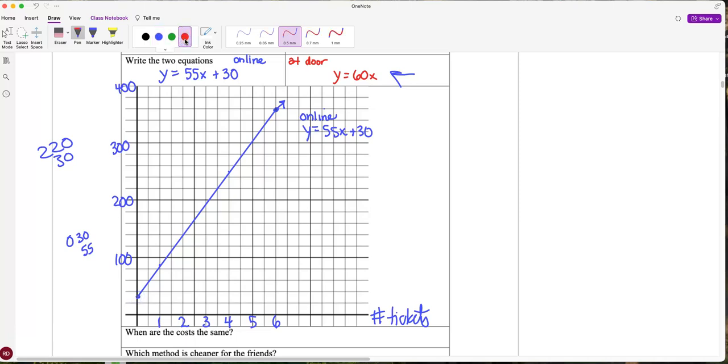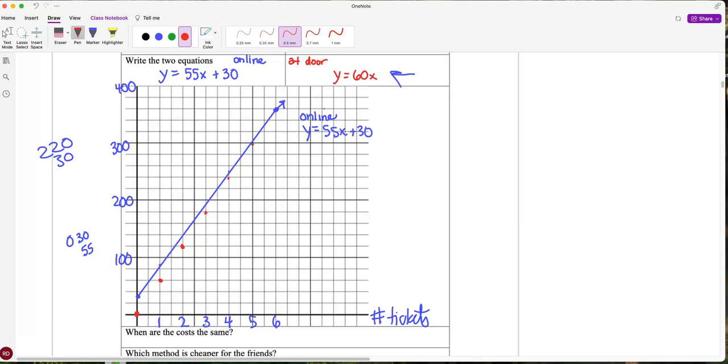Now, in the tickets that are at the door, I'm just paying $60 for each ticket. So at 0 tickets, I pay nothing. 1 ticket, I pay $60. 2 tickets, I'm at 120. 3 tickets, I'm at 180. 4 tickets, I'm at 240. 5 tickets, I'm at 300.